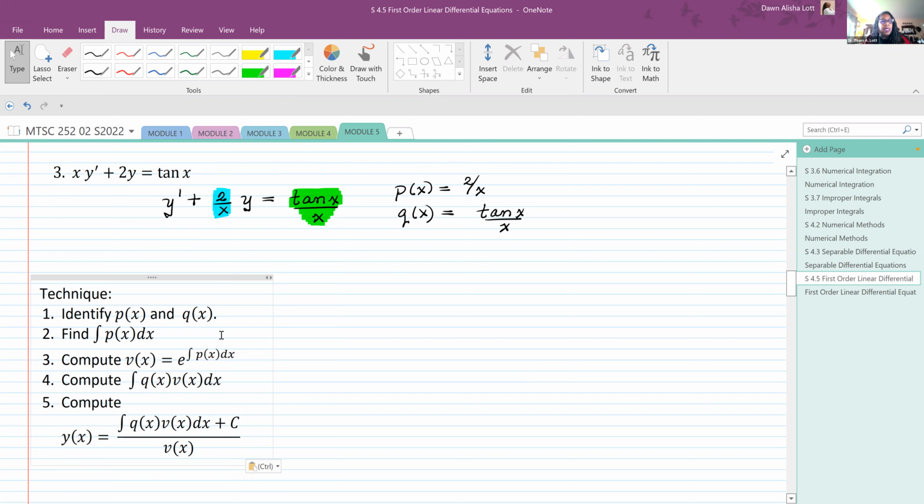When we integrate P, we're not going to keep the constant because the constant is just going to carry through the whole problem and then it'll be dropped out. Then we take the integral of P and say e to whatever we got. That's now our V. Then we're going to compute Q times V and take the integral of that, then divide by V, and we have a solution.